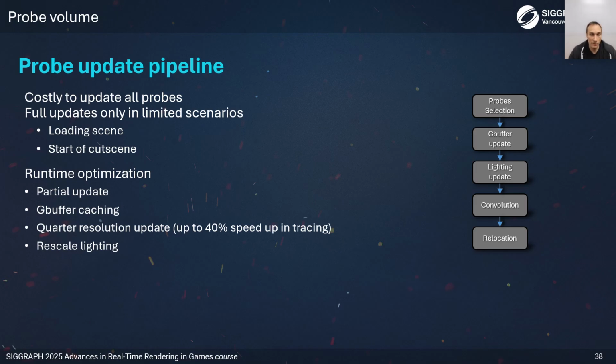The second type of update is also a full update, but this time we support quarter resolution. This option gives us a speed gain of 40% for the ray tracing part while updating the G-buffer. And the third type of update is only updating the lighting, reusing the currently cached G-buffer information.